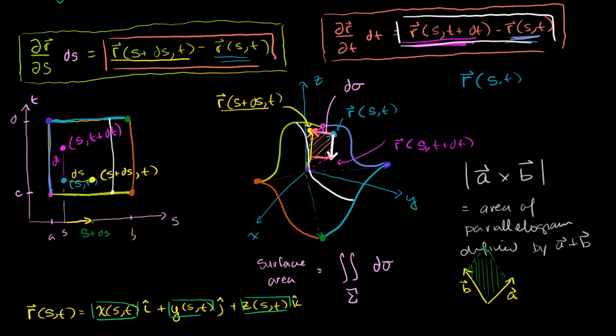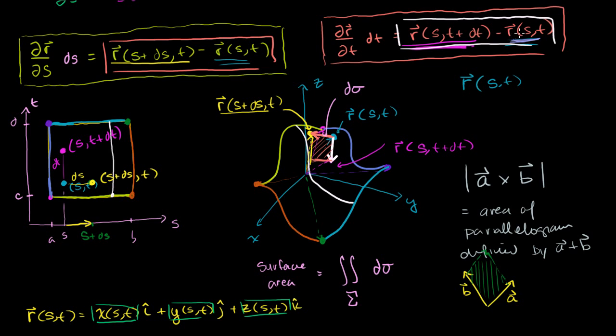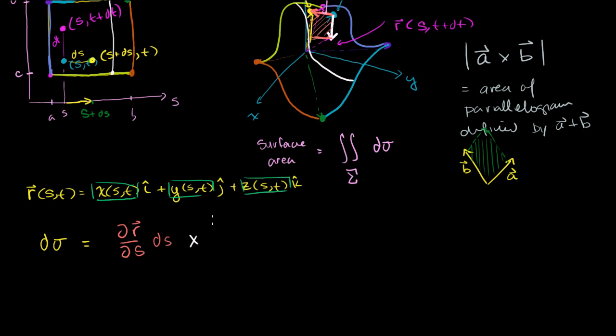This white vector is the same thing as that, which is the same thing as this, the partial of r with respect to t dt. And we saw that if we take the magnitude of that, that's going to be equal to our little small change in area, or the area of this little parallelogram over here.